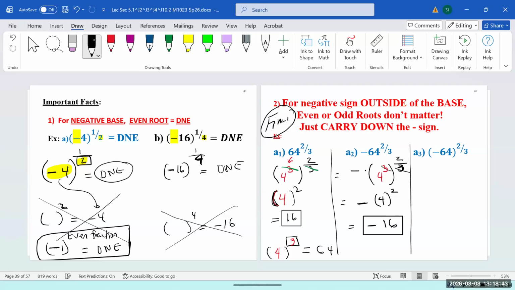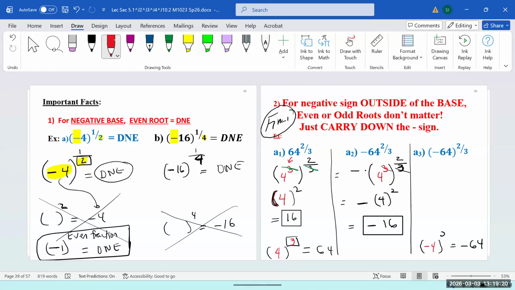And now comes the last one. What is this negative this time? Is it base or multiplication? Base. So you're looking for one number. When you multiply 3 times, the answer is negative 64. Remember, anytime you multiply odd times, you always get an answer. So the answer is not DNE. It exists. What number? Negative 4.